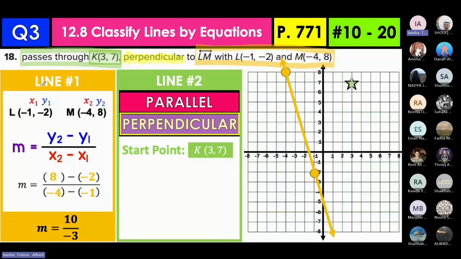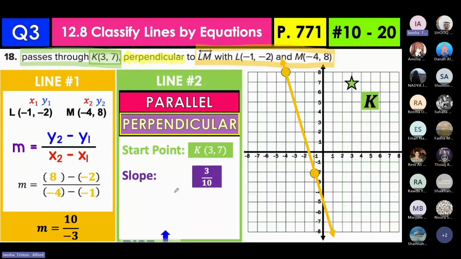So there is K. Remember, the new line is going to be perpendicular. So the slope is flip and switch. The slope for the yellow line is negative, so the new slope should be positive. This slope is 10 over 3, so the new slope should be 3 over 10 and should be positive.